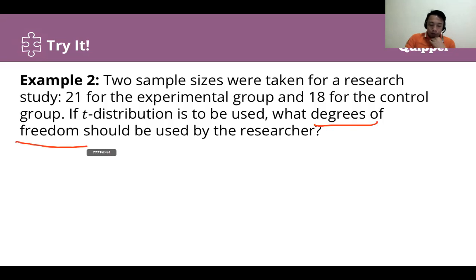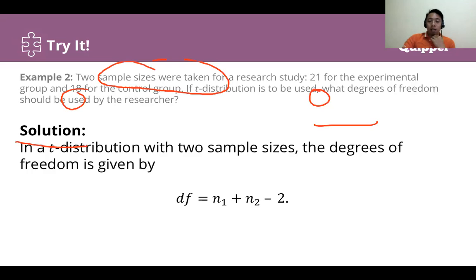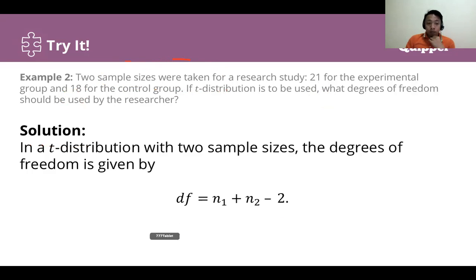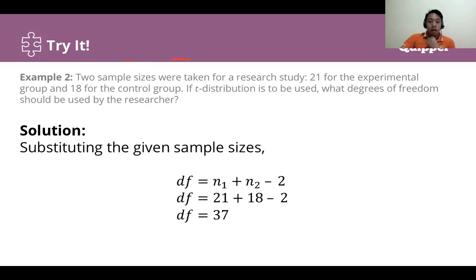Since we have two sample sizes, which are 21 and 18, we will do this one, correct? We will use this formula. So we have 21 plus 18 minus 2 is 37. So this will be our degrees of freedom, 37.